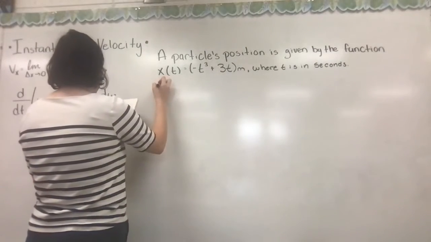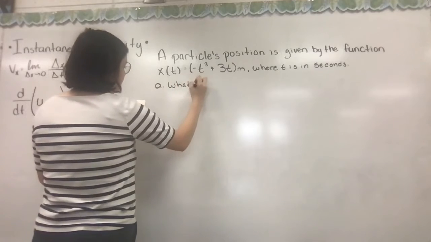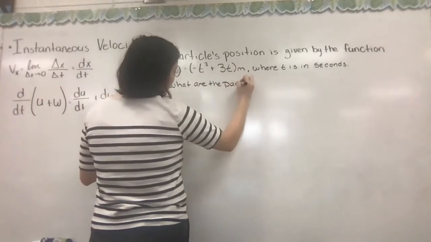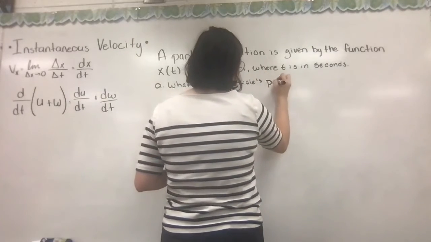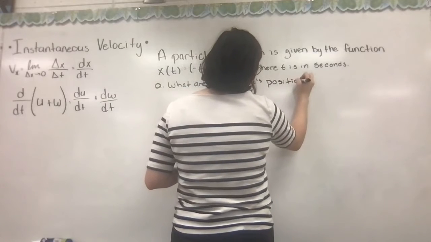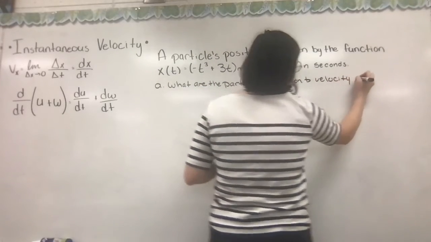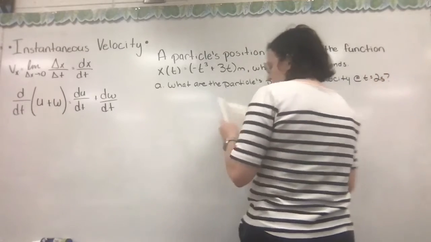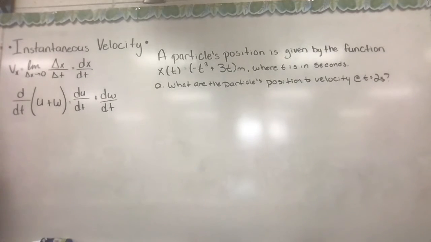And we need to do three things. So A, what are the particle's position and velocity at t equals 2 seconds? We have a part B and C too, but we're going to do each part one at a time.